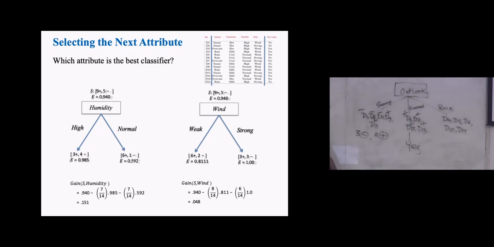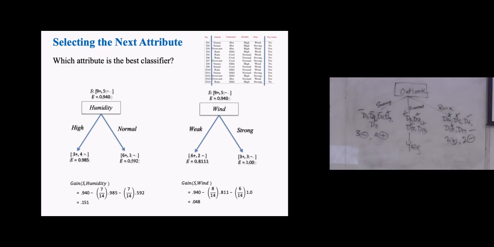Need to move forward. The same thing here. Rain, D4, positive. 5 positive. 6 negative. 10 positive. 14 negative. Similar kind of 3 positive, 2 negative. The same uncertainty in these two nodes.